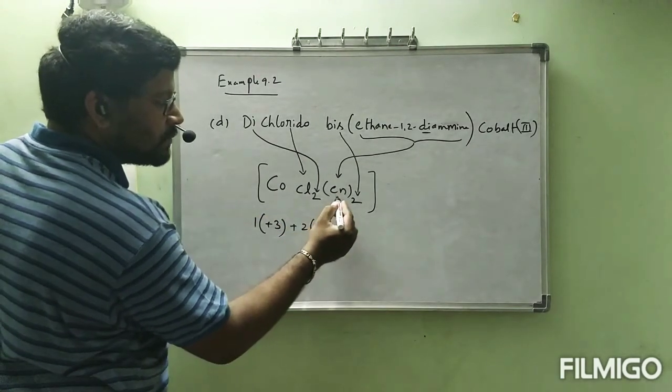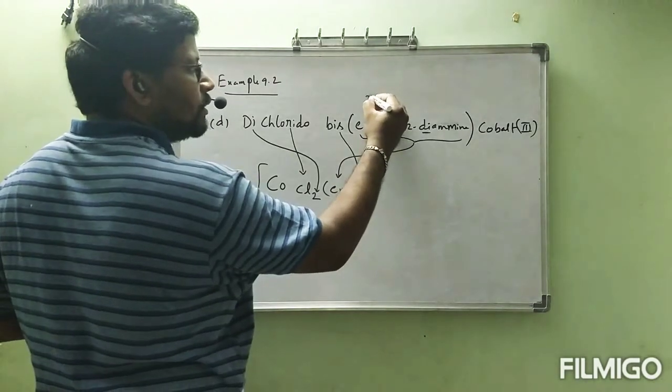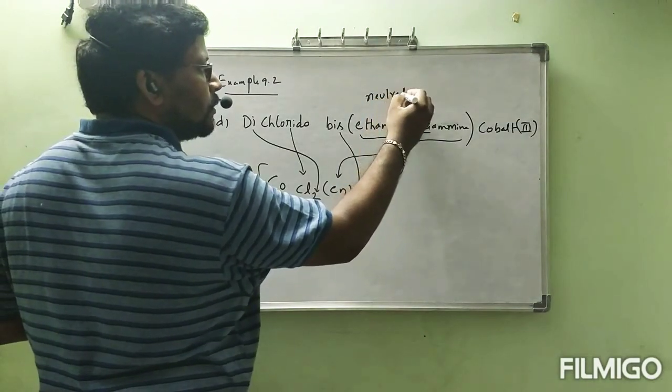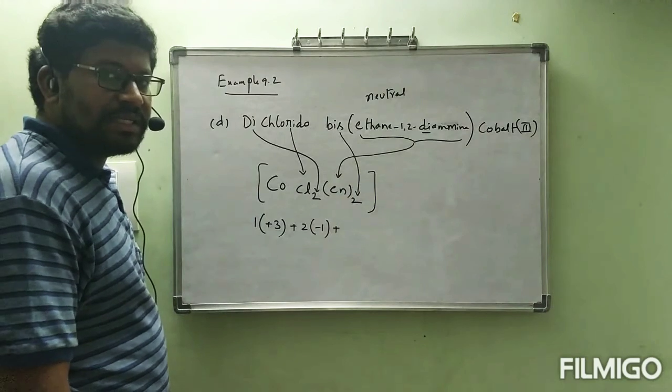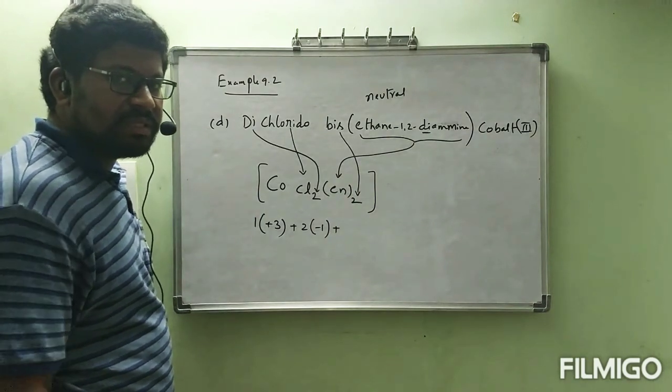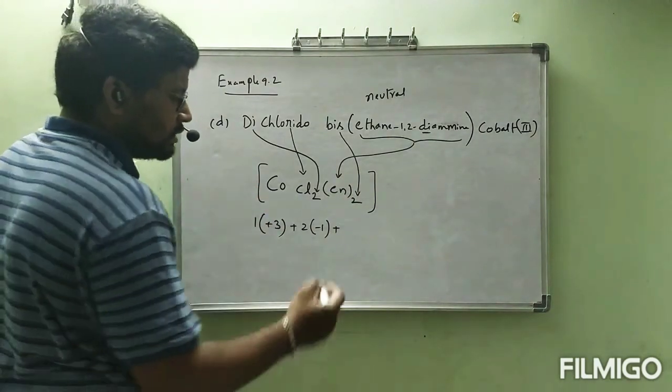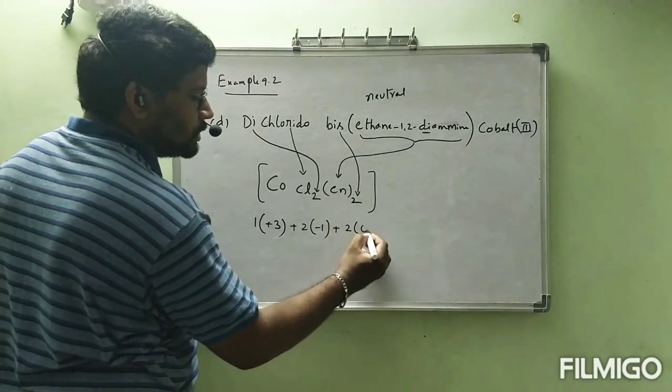Plus ethane-1,2-diamine, it is a neutral ligand. Neutral ligand means no charge will be present. So 2 into 0.